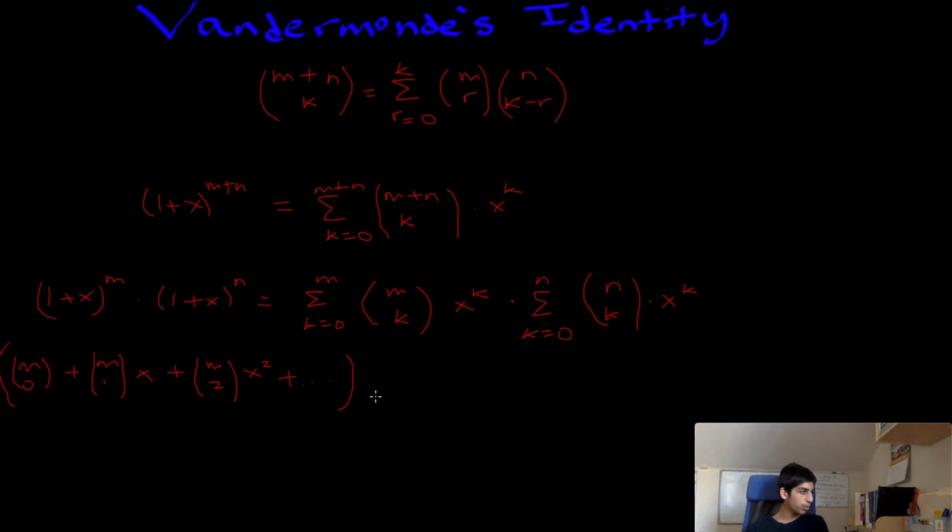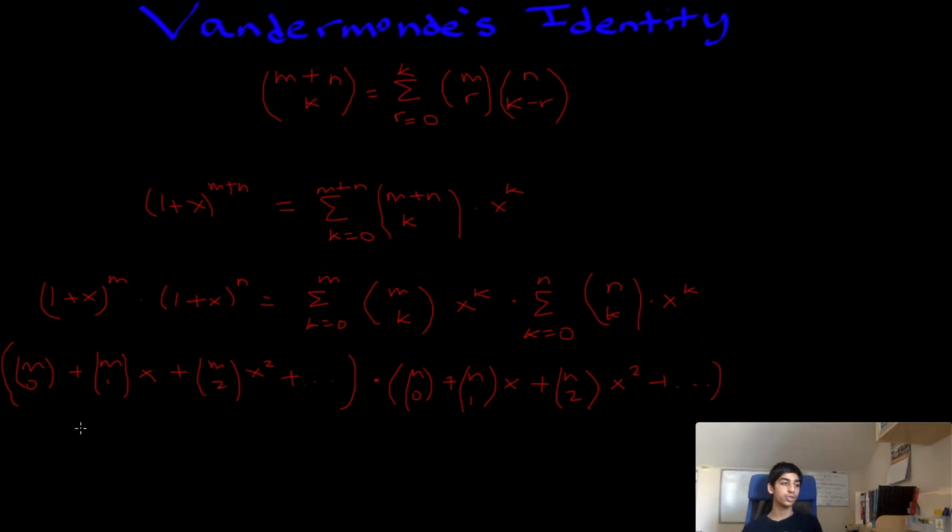And then we would multiply this by this summation. So we would do the same thing. We would have n choose 0 plus n choose 1 times x plus n choose 2 times x squared, and so on.